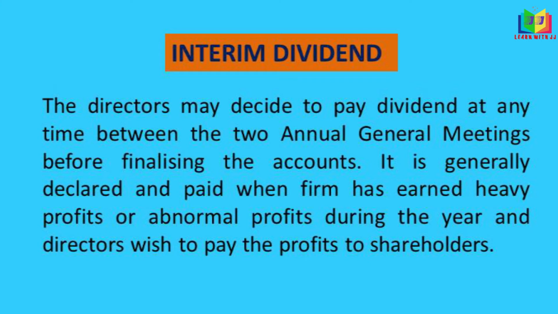It is generally declared and paid when the firm has huge profit. If the firm incurs abnormal profit during the year, the directors may wish to pay the profits to the shareholders, and so it is called interim dividend.